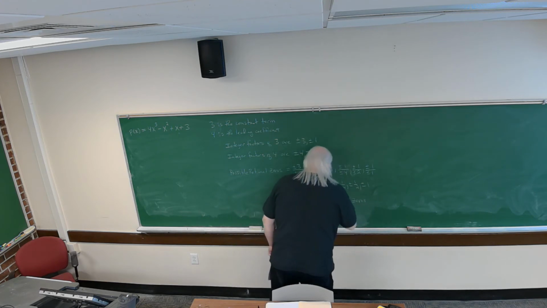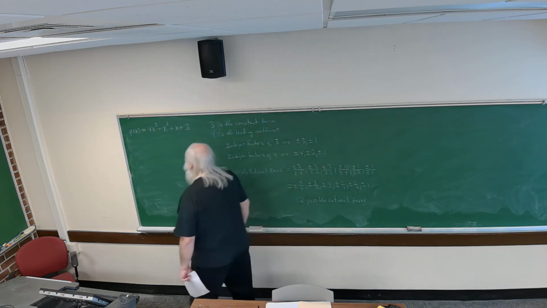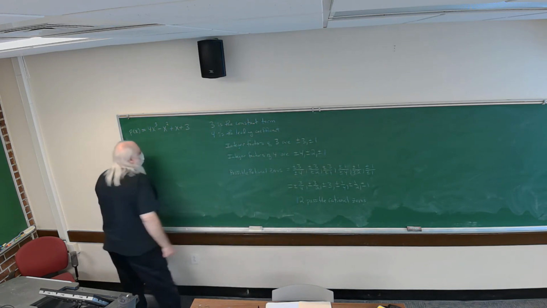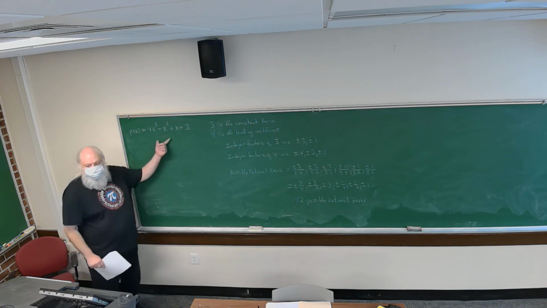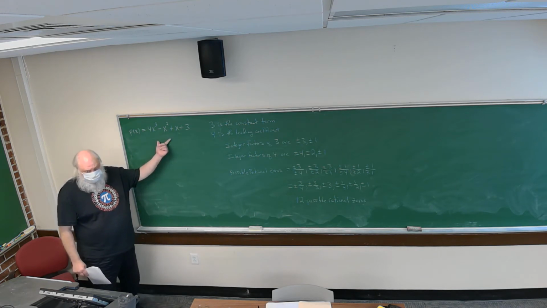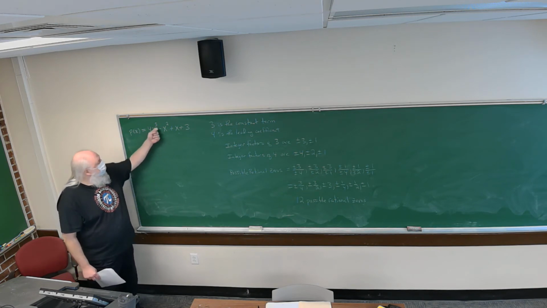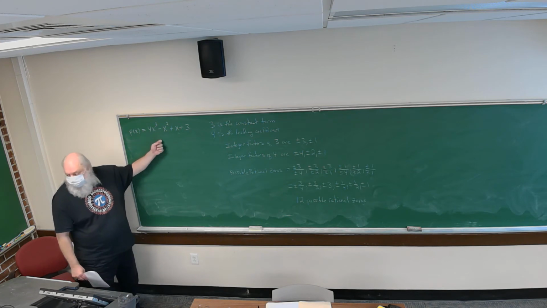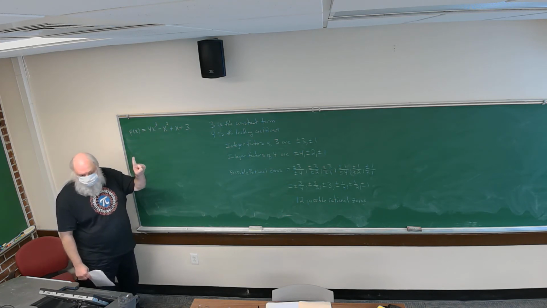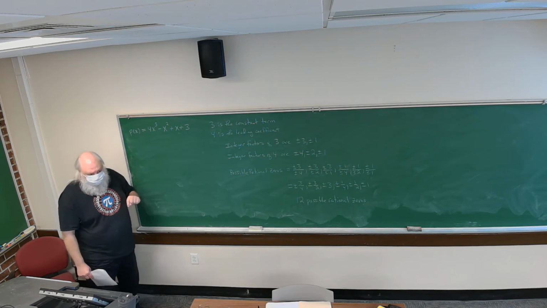Now, we know that complex zeros come in pairs, and we know that irrational zeros come in pairs. Since this is an odd degree polynomial, third degree polynomial, at least one of the zeros has to be a rational zero. The other 2 could be complex zeros or irrational zeros.